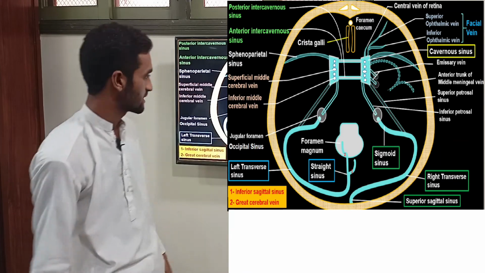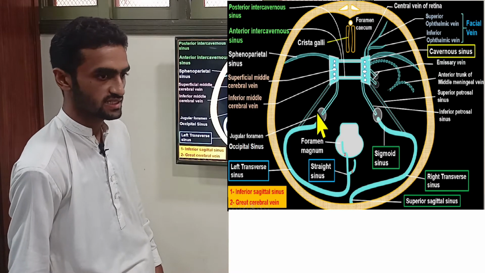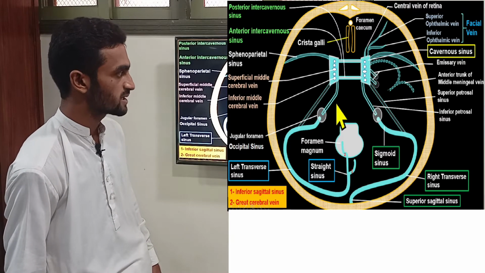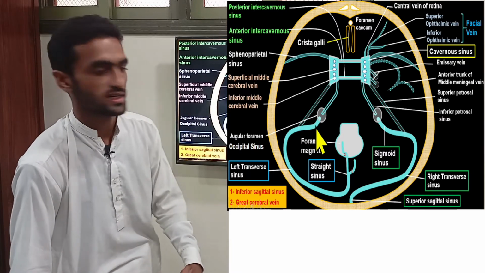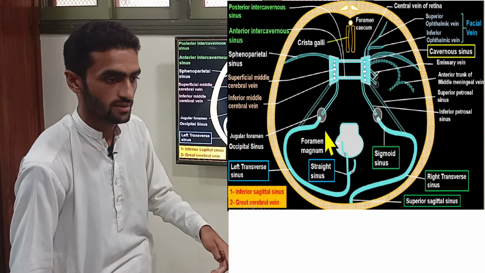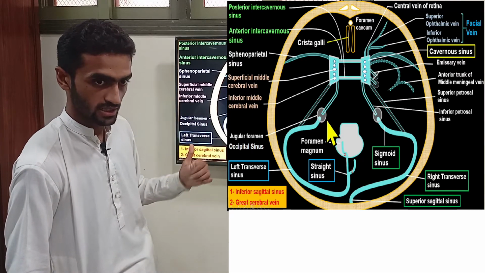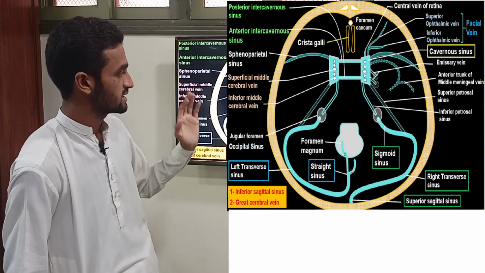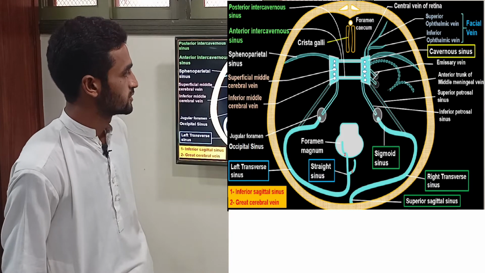The cavernous sinus drains into the sigmoid and transverse sinuses, and the inferior petrosal sometimes may drain into the internal jugular vein, because you can see they are meeting at the jugular foramen. Everything is in a beautiful manner. Go through this picture and you will answer a lot of questions.